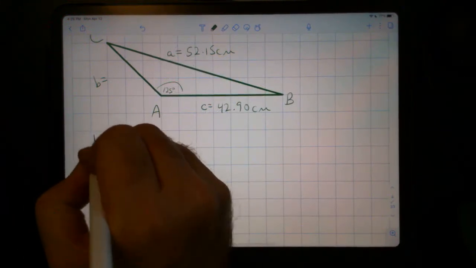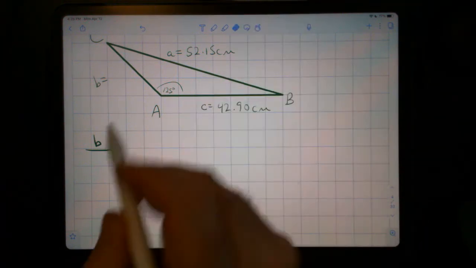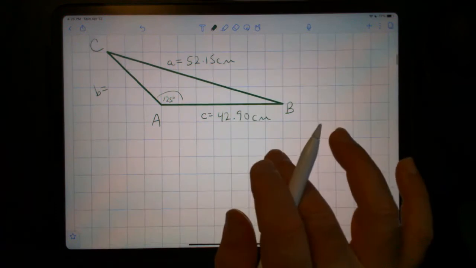So I like to have my variables in the upper left-hand corner. Well, let's not do that one.